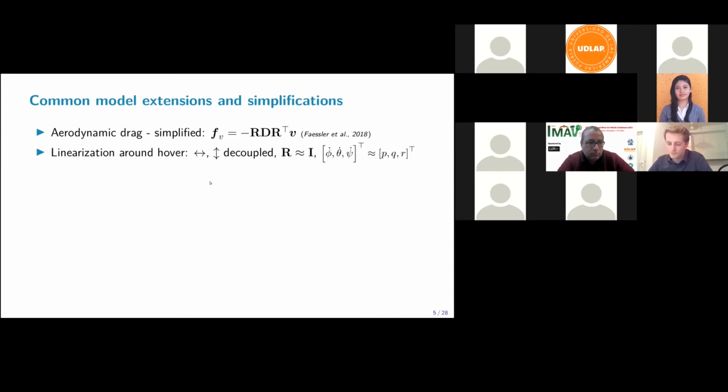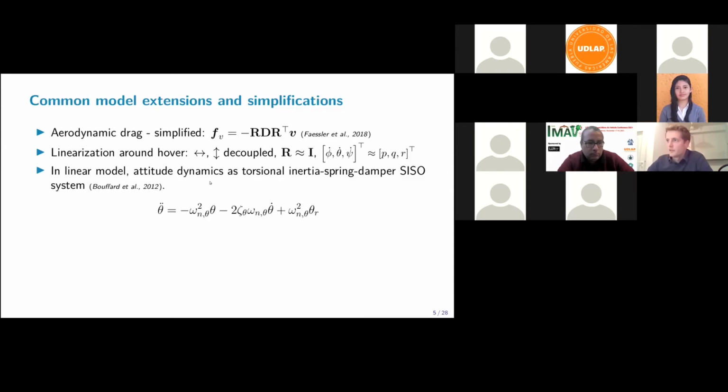And lastly, a very interesting way to capture attitude dynamics as closed loop is to, in the linear model, represent the attitude dynamics as a torsional inertia spring damper seesaw system. And then the attitude dynamics are governed by this second order differential equation.